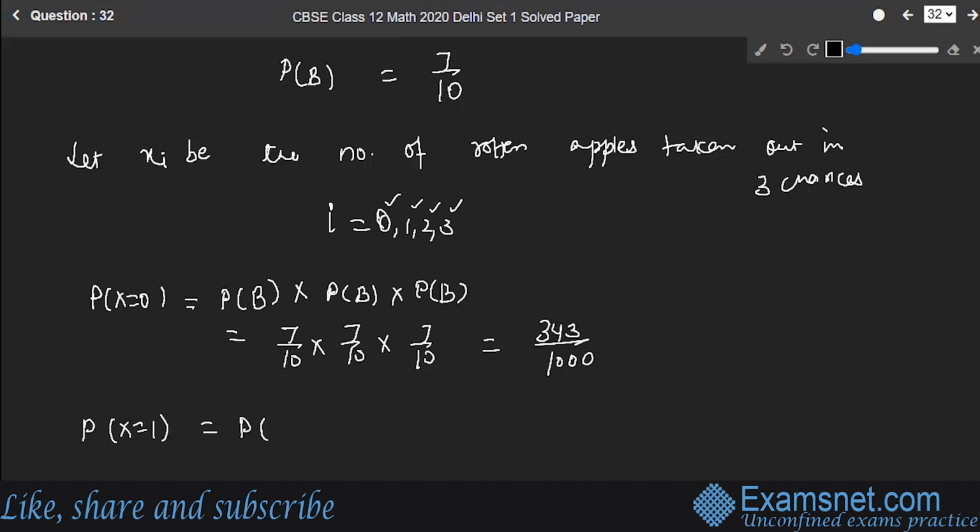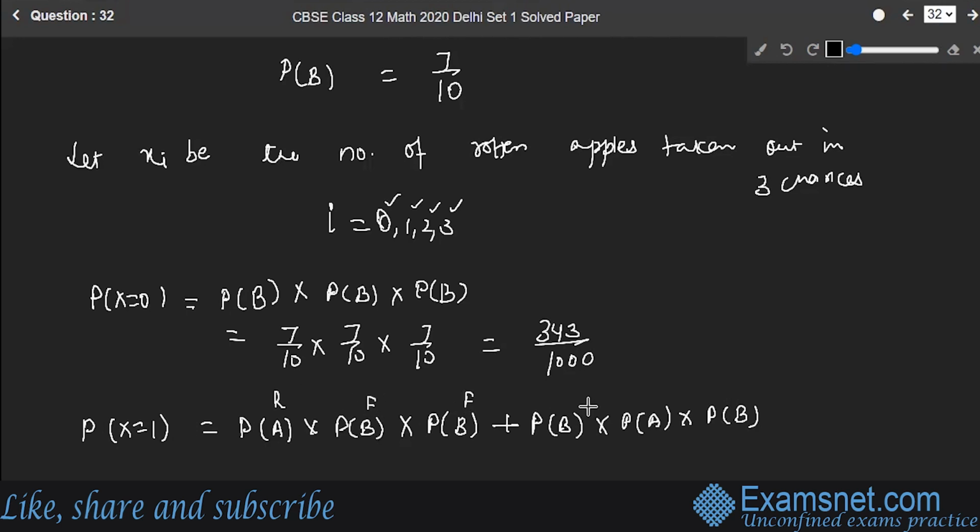Probability that 1 rotten apple is taken out: this is the probability that the first is rotten, then fresh, then fresh, plus the probability that the first is fresh, the second is rotten, and the third is fresh, plus the probability that the first two are fresh and the third is rotten.